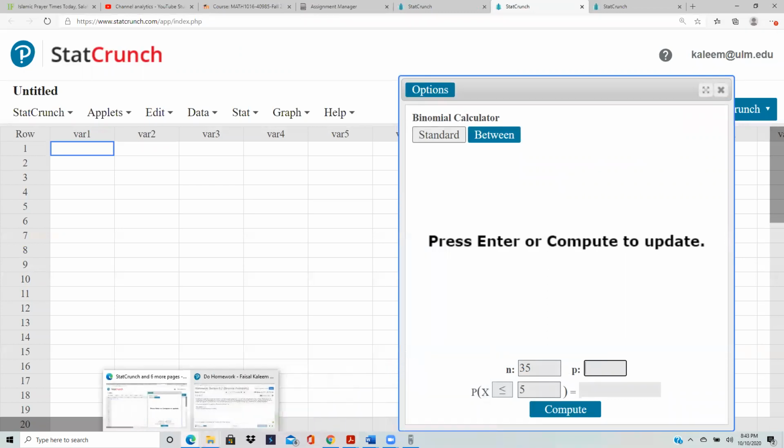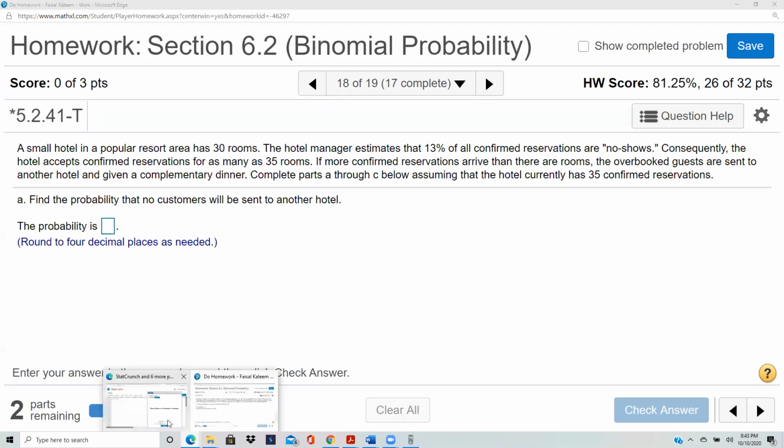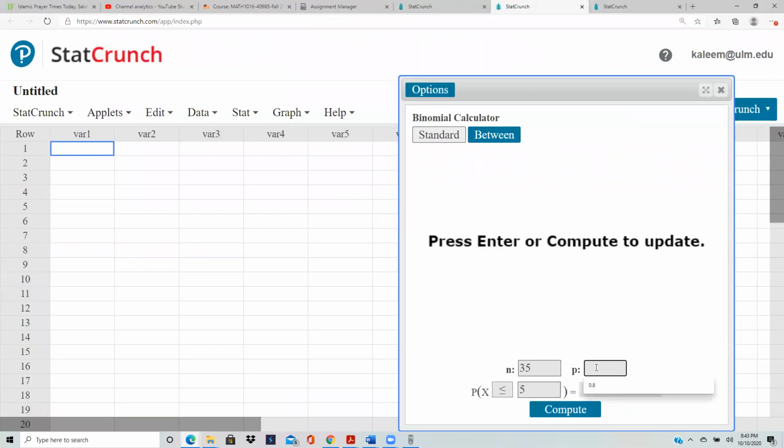So if we go back to the problem, 13% are no-shows. So that means 100 minus 13 is equal to 87. 87% show up. So the probability of showing up is 87%. So it's 0.87 here.